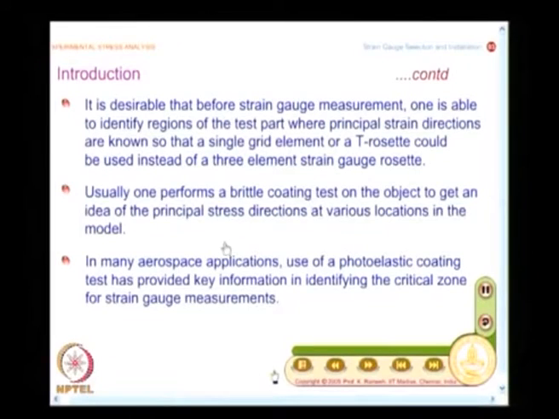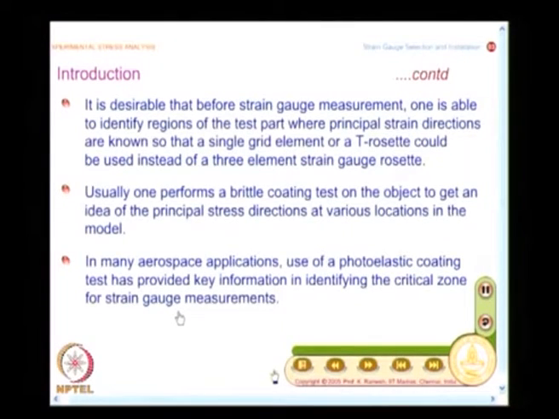so that you are able to utilize your instrumentation system effectively. And another aspect is, strain gauge is a point by point technique, and if you take a look at any one of the optical techniques like photoelastic coatings, that gives you whole field information. So, when you get the whole field information, the advantage is you have knowledge of the critical zone where you need to make further study using strain gauge measurements.